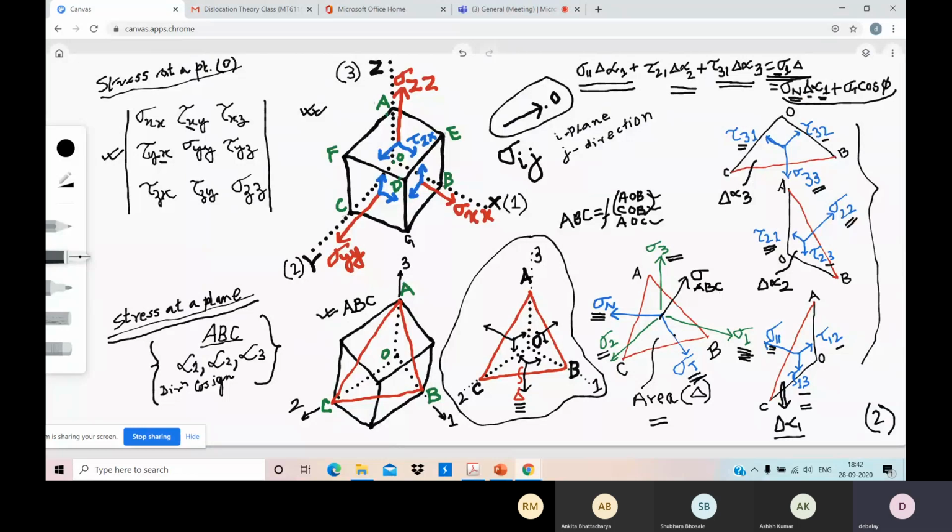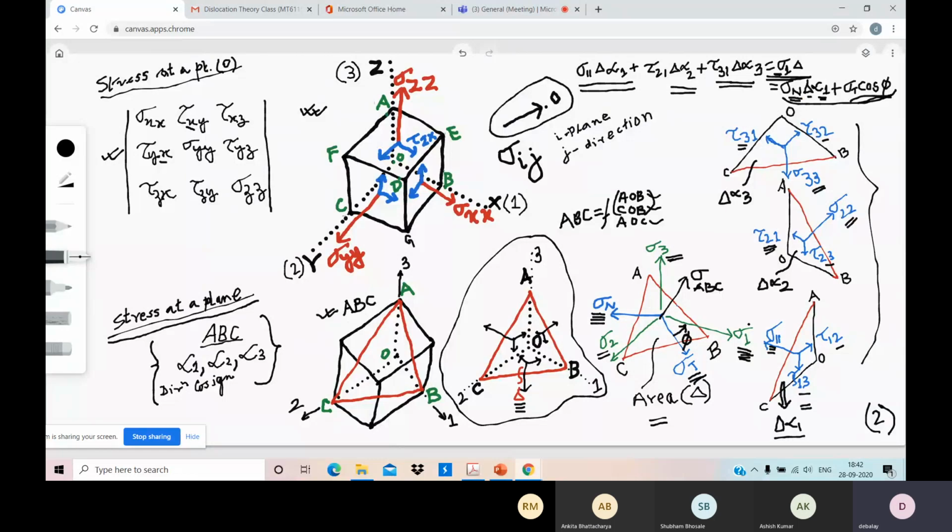Similarly, sigma t will also have a contribution towards sigma 1. This is sigma t. If I consider the angle between sigma t and sigma 1 to be phi, sigma t will have a contribution of sigma t cos phi. And we know alpha 1 is basically cos theta 1, because the perpendicular direction makes an angle, say theta 1, with the sigma 1 direction, the major direction, and its direction cosine is alpha 1.